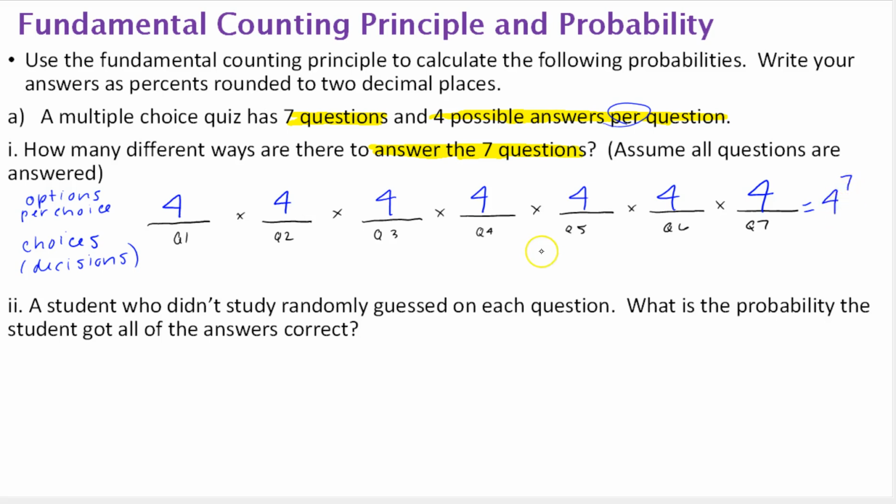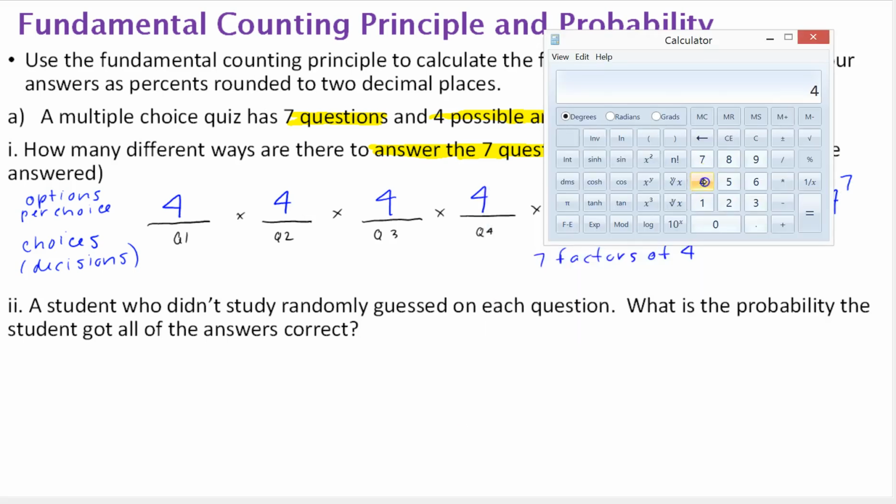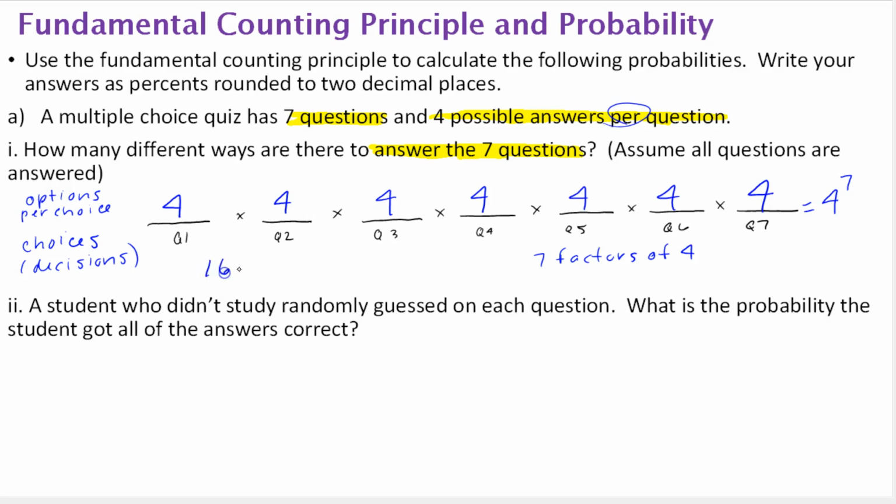So remember, this means 7 factors of 4, which means multiplying 4 by itself 7 times. We're not multiplying 4 times 7, that's 28, okay? So let's just see what this number is. And that's 16,384.